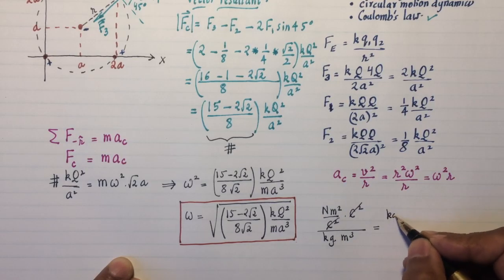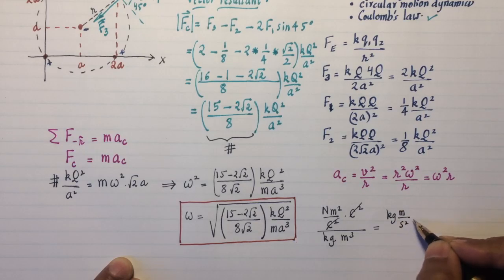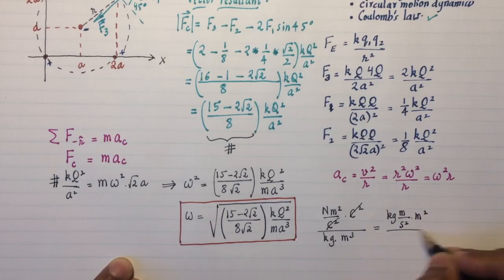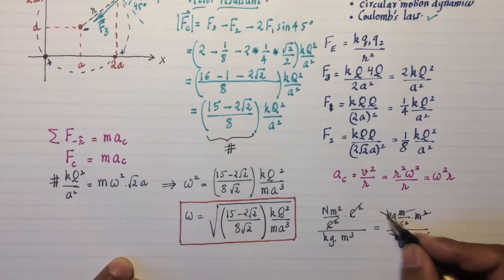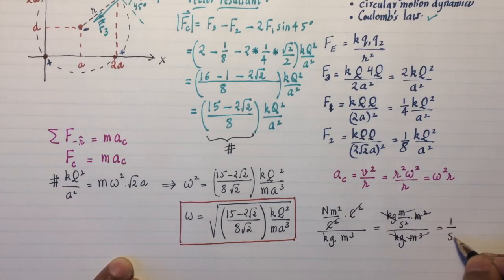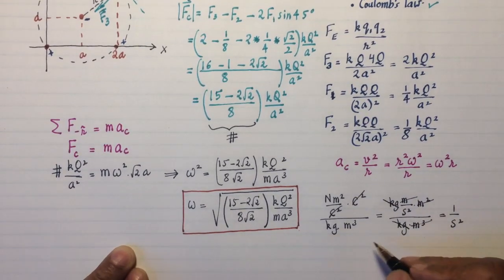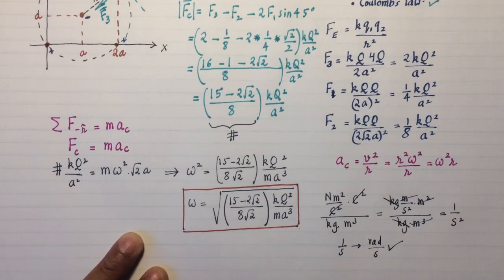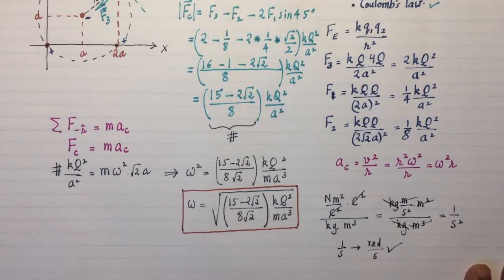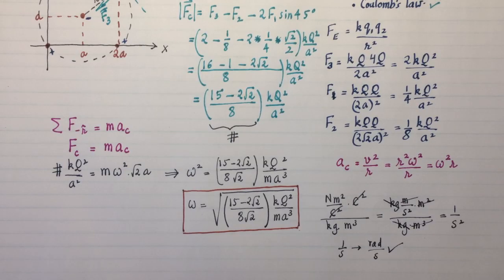Newton is kg meters per second squared times meters squared divided by kg meters cubed. The meters cubed cancel out, the kgs cancel out, and I get 1 over second squared. The square root of 1 over second squared is 1 over second, which is the same as radians per second. So we have our units. That allows us to trust the problem solution a bit more.